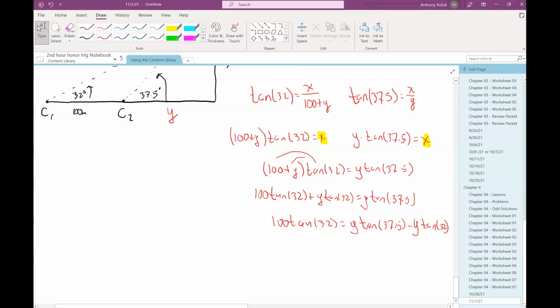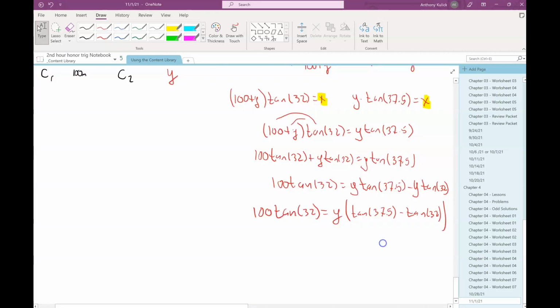Now everything on the right-hand side has a factor of y in it, so I'm going to take a greatest common factor of y out. So now the y is in just one place instead of two places. And divide both sides by tan 37.5 minus tan 32.